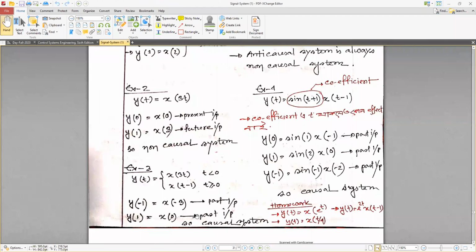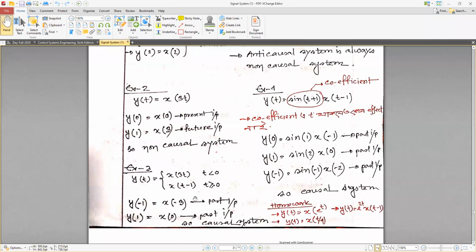Again, y of t is equal to, say, x of 3t, where t is less than 0, and y of t is equal to x of t minus 1, where t is greater than or equal to 0. For t equal to minus 1, since it is less than 0, it is minus 3, a past input.